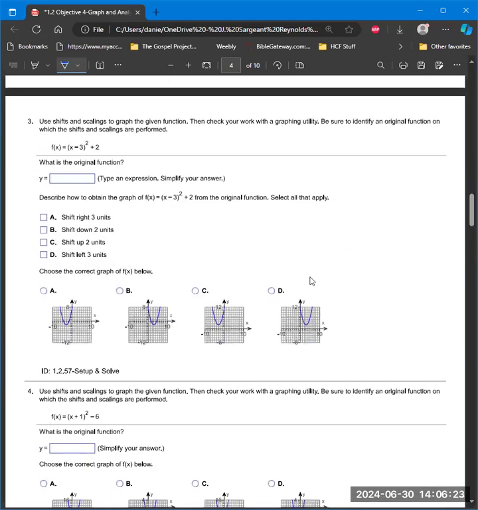Now use shifts and scalings to graph the function. So it's a parabola with its vertex at 3, 2. The original function here was y equals x squared. It's been shifted 3 units to the right and 2 units up.